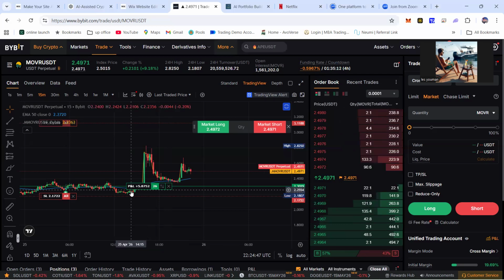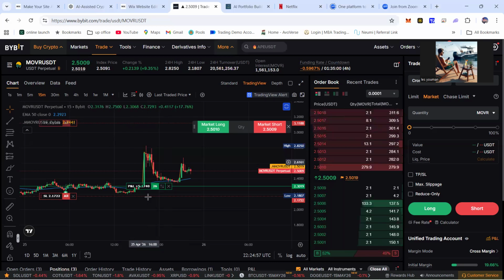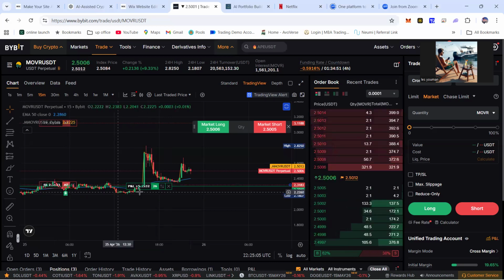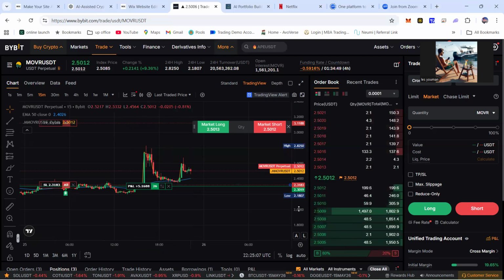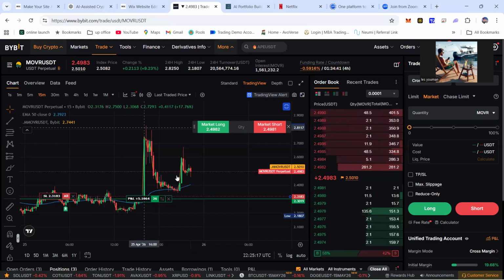But in this scenario, using a trailing stop loss, the market will move up, get to here somewhere, and the trailing stop loss will activate, which means this stop loss will automatically move up like that. And then if the market retraces and hits it, you still take a little tiny profit. Not as good as the big profit you were in here, but a lot better than taking a loss.